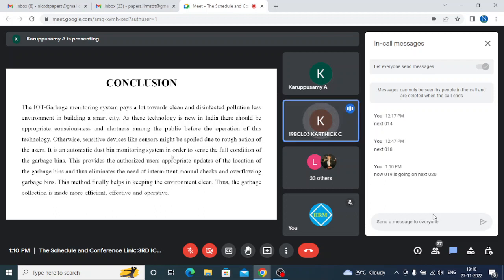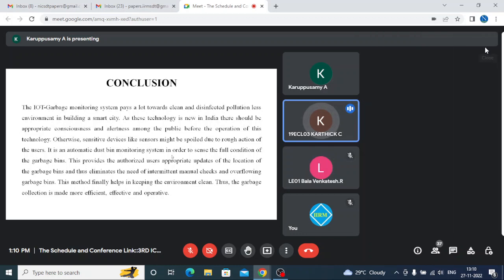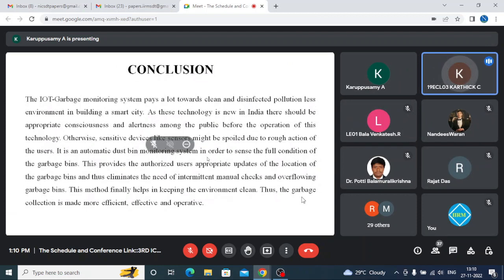Conclusion. Mainly, this garbage monitoring system project saves a lot toward a clean, disinfected, pollution-free environment in building a smart city. This technology is new to India. There should be appropriate awareness among the public before the operation of this technology. Otherwise, sensitive devices like sensors might be faulty due to rough action by the user.